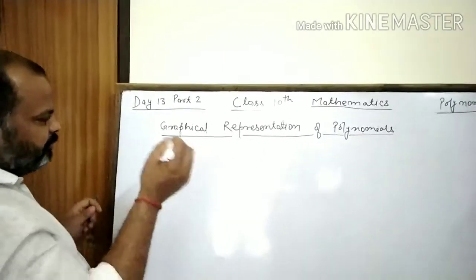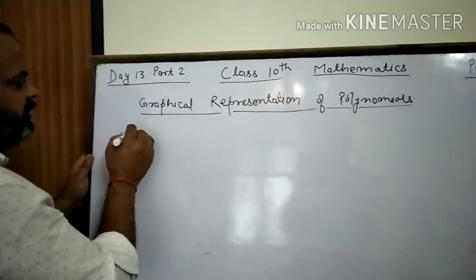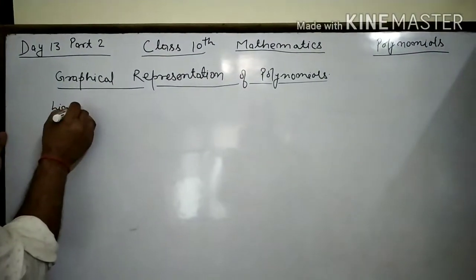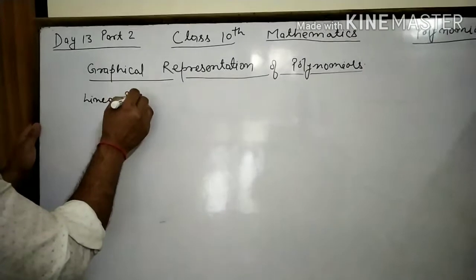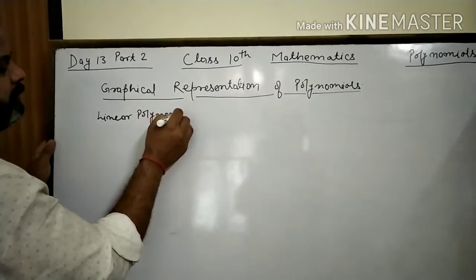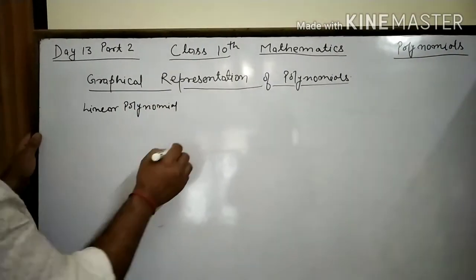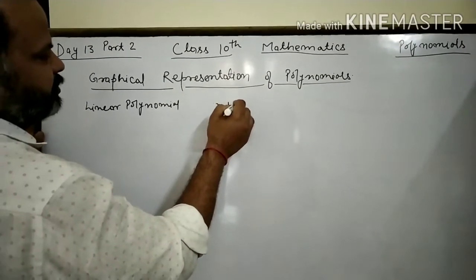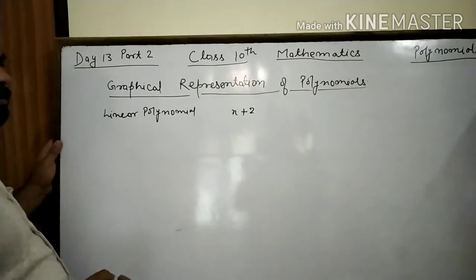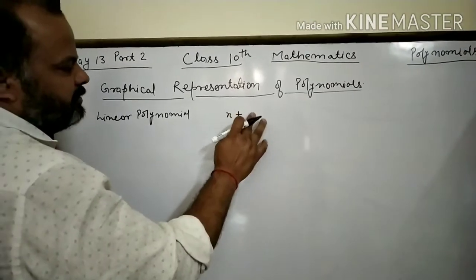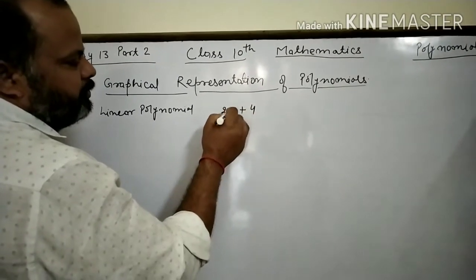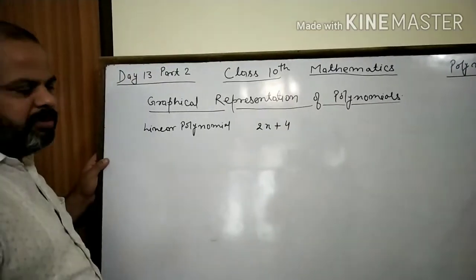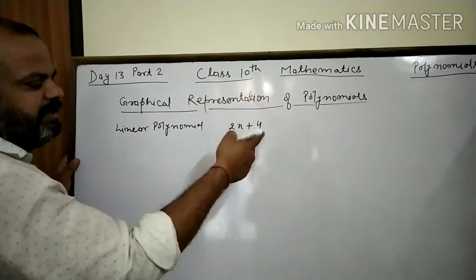Clear? Then suppose we have a linear polynomial, x plus 2. Or we consider 2x plus 4 as a linear polynomial and we represent it on a graph.